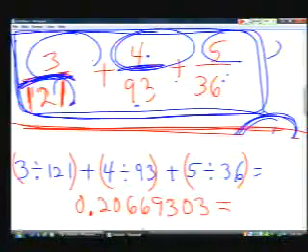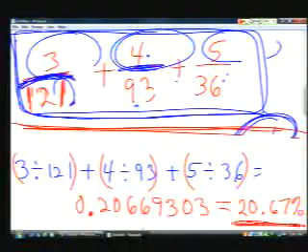If you wanted to change this into a percent, in real life, 20.67% would be plenty good enough, wouldn't it?